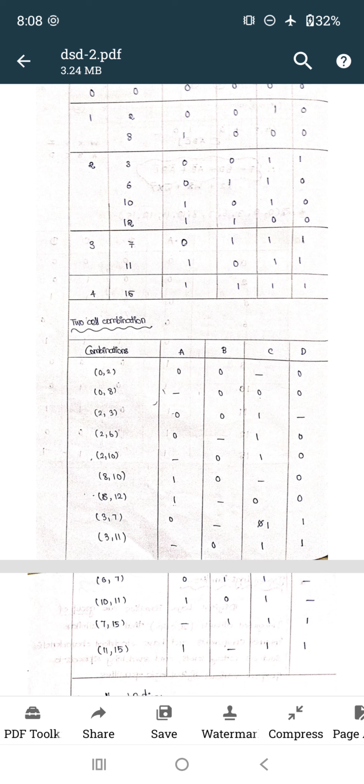We check the combination of 2 with 3. Here the fourth bit is a single change, and the remaining bits are the same: 0, 0, 1, dash. Then 2 with 6. Here the second bit is a single change, so 0, dash, 1, 0.